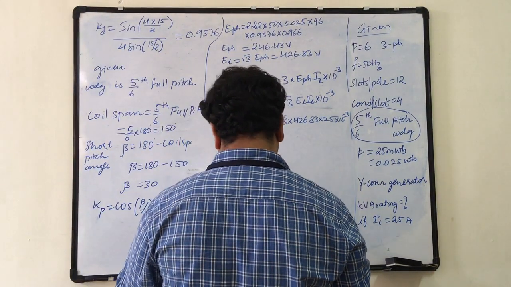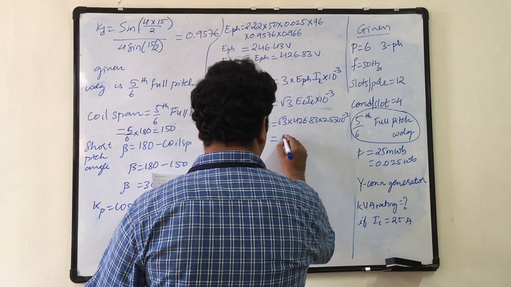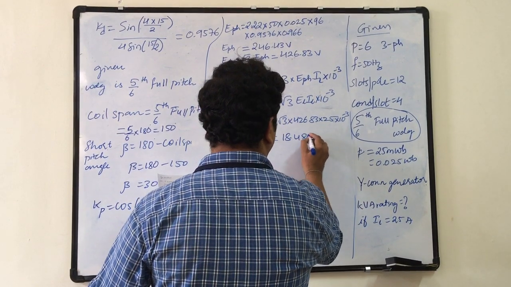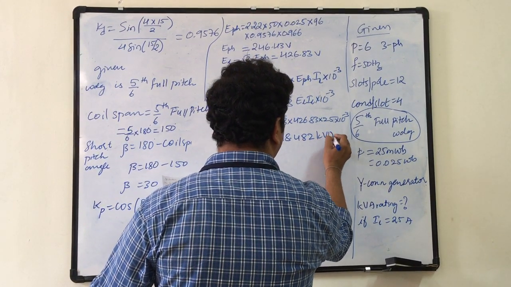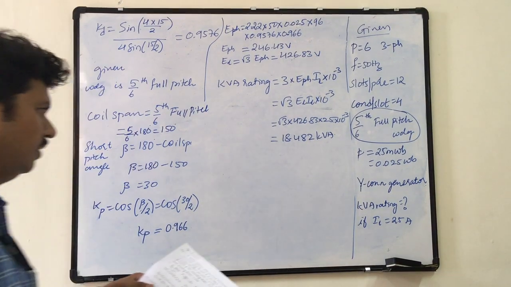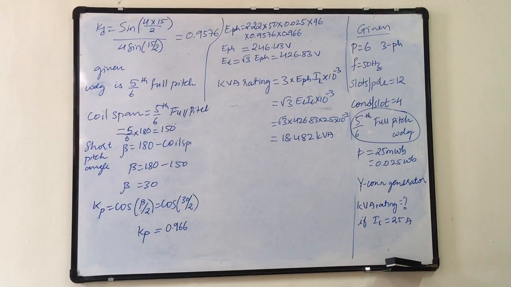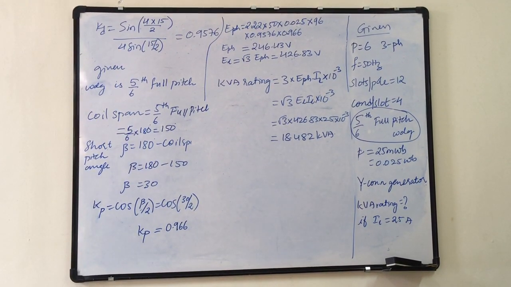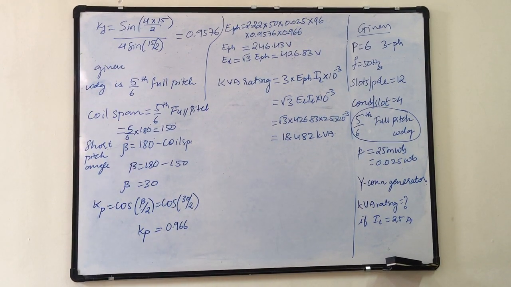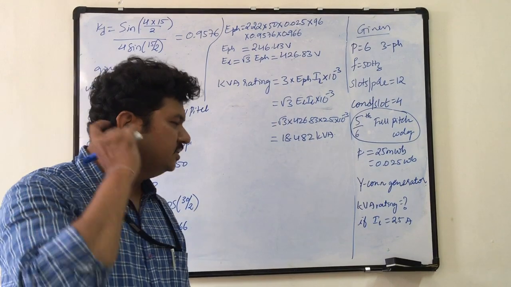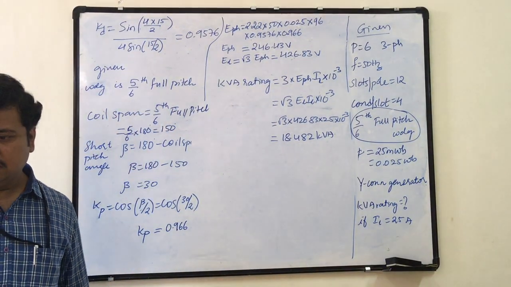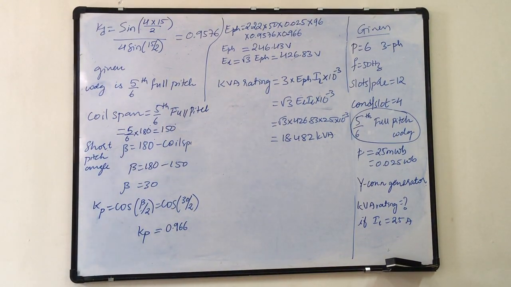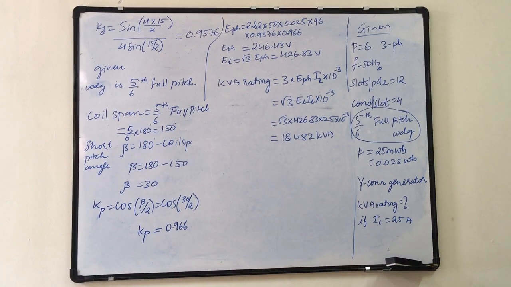So this is equal to 18.482 kVA. So this is how to calculate the generated EMF when KP and KD are not given but can be calculated.